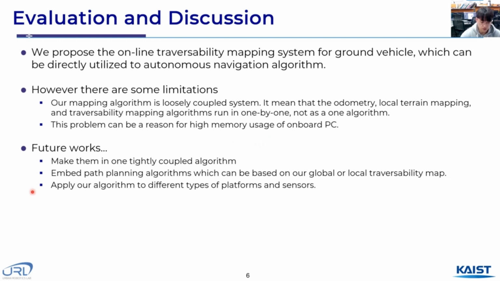So our future work is to make them into one tightly coupled algorithm and embed a path planning algorithm which can be based on our global or local traversability mapping. And lastly, to apply our algorithm to different types of platforms and sensors.